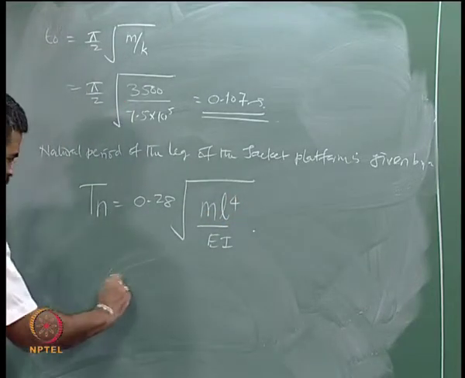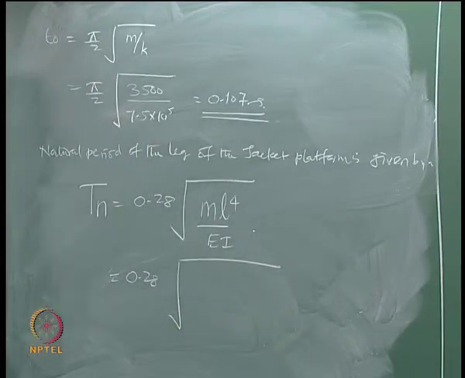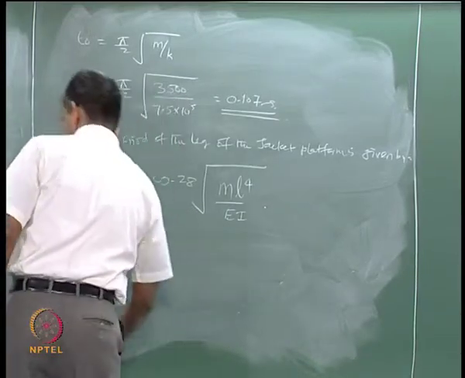So, substitute back and see what is my Tn. So, let us compute m, because m of the platform is required.